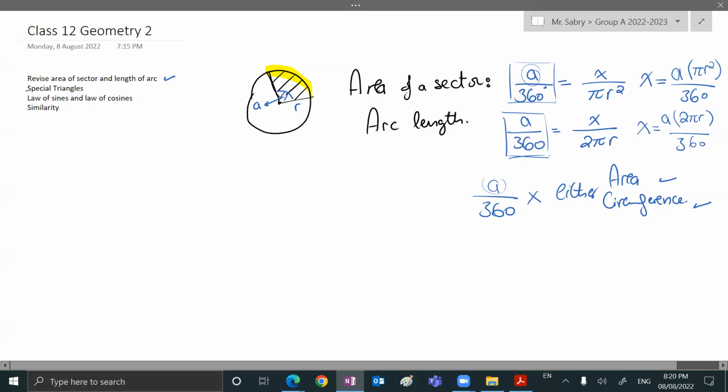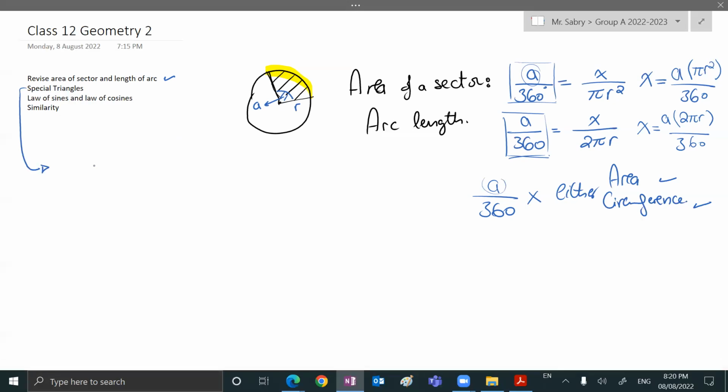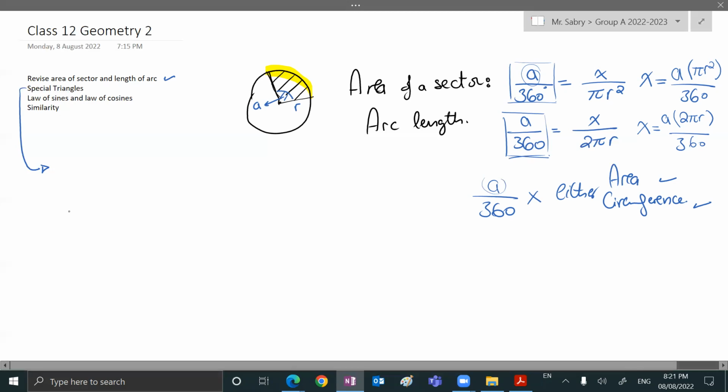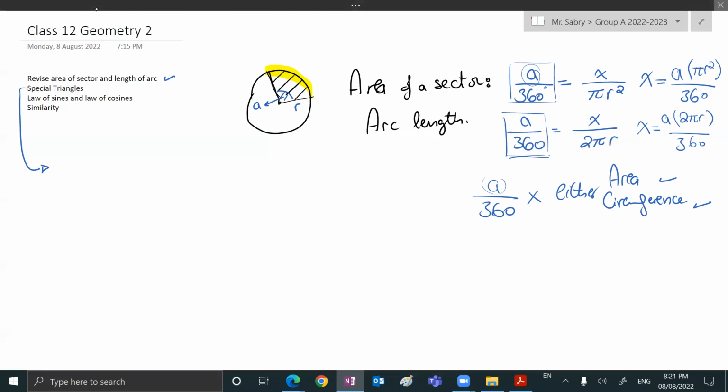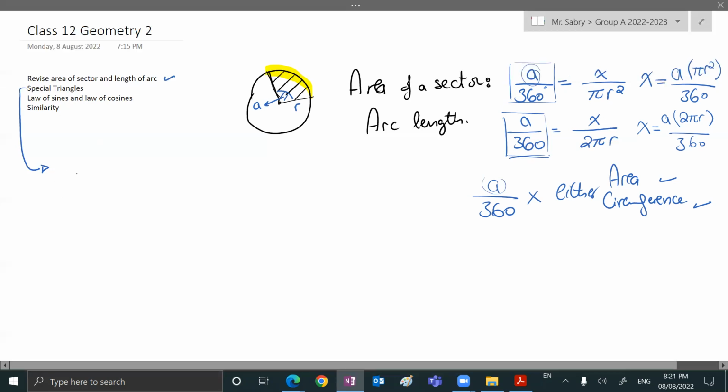Now I'd like to discuss with you what we call special triangles. The special triangles are mainly triangles with specific measures for the angles and the sides, and they're repeated a lot, or they exist a lot in real life, so we care about them, and that's why we call them special triangles. These two special triangles look like this.